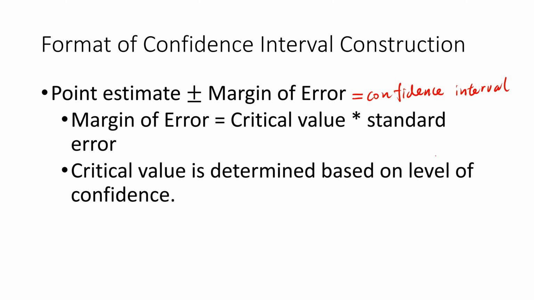Confidence interval equals point estimate plus or minus margin of error, where margin of error equals critical value times standard error. The critical value is determined based on level of confidence.